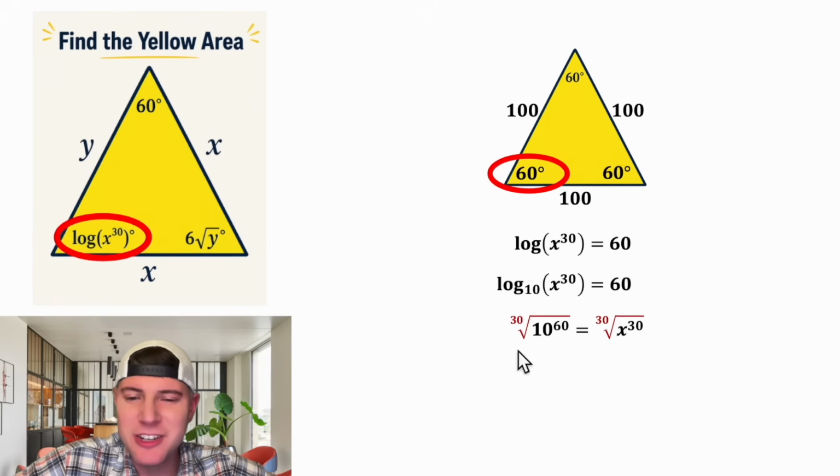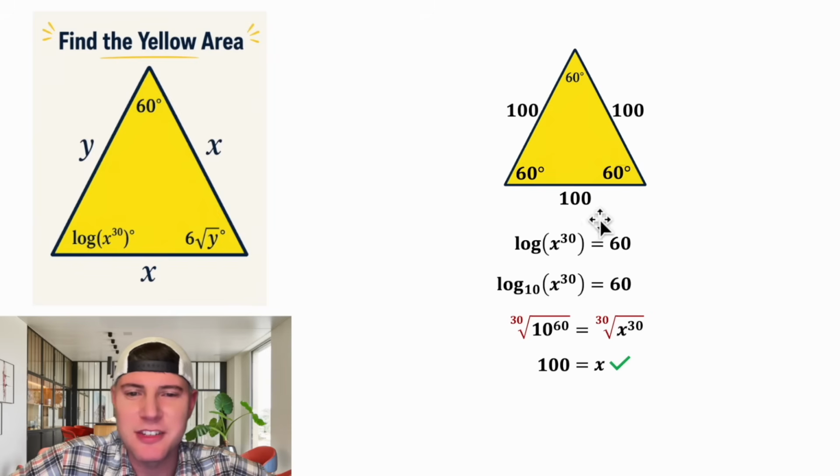On the left-hand side, to do the 30th root of 10 to the 60th power, you're going to do 60 divided by 30 to get 2. So this will be 10 squared. And then on the right-hand side, same thing, the 30 divided by 30 is going to be 1. So we have x to the 1. 10 squared is equal to 100, and we now have the value for x. And that checks out. These x's are both equal to 100. So this is a valid triangle.